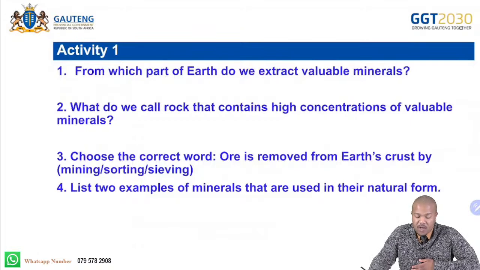Number three: choose the correct word. Ore is removed from the earth's crust by mining, sorting, or sieving. Number four: list two examples of minerals that are used in their natural form. I'm going to give you 5 minutes to complete this activity. After that, we shall mark this work.